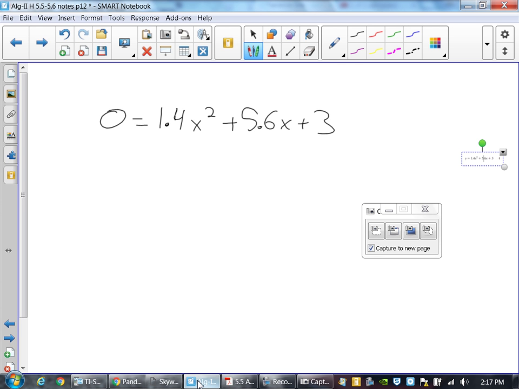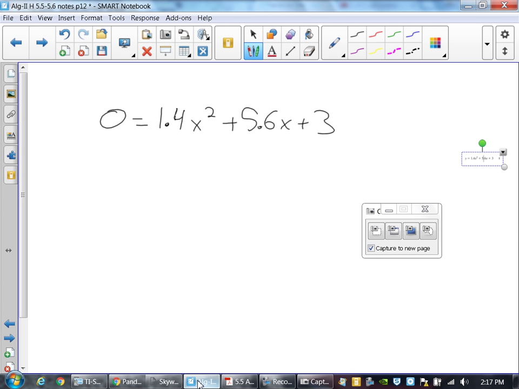The one thing that I will warn you about: when you take the opposite of b, if your b value is negative when you throw it underneath the radical, remember you have to square it. If it's negative, make sure you put parentheses around it, because I guarantee half of you will screw that up. Okay?